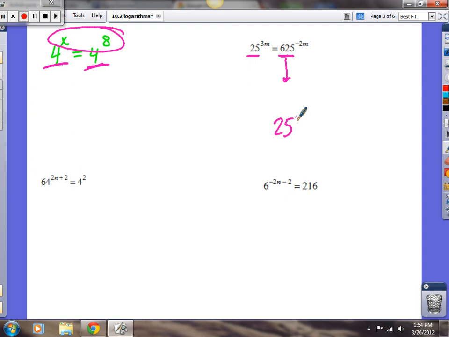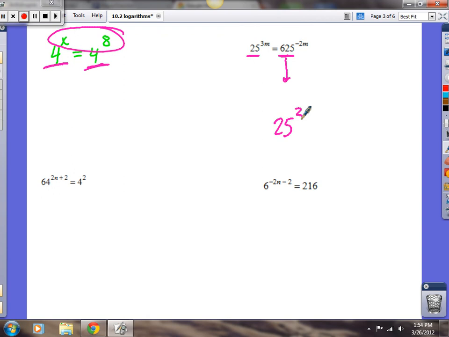Well, I need this to equal 625. Is 25 squared the same thing as 625? Is it? How could you find it? The hint is this. Usually, Katie, you can change it into the smaller one a lot of times.